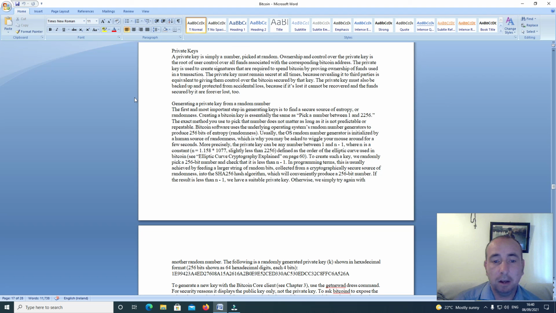The private key must remain secret at all times because revealing it to third parties is equivalent to giving them control over the Bitcoin secured by that key. The private key must also be backed up and protected from accidental loss, because if it's lost it cannot be recovered and the funds secured by it are forever lost too.